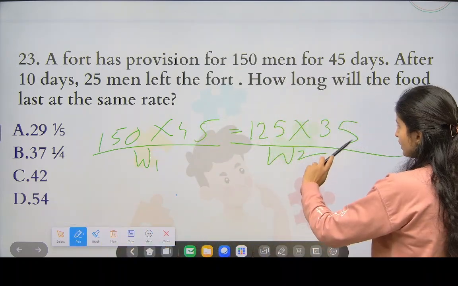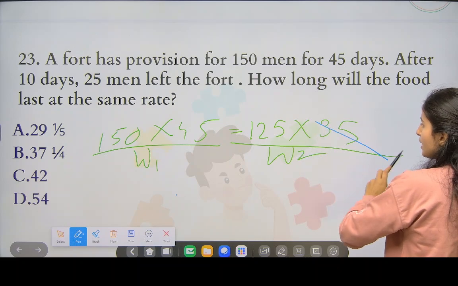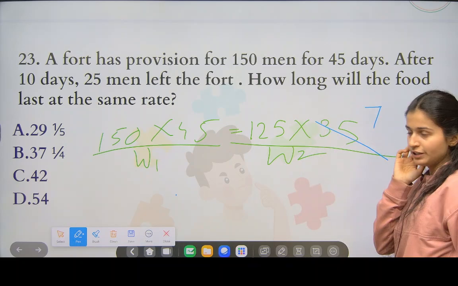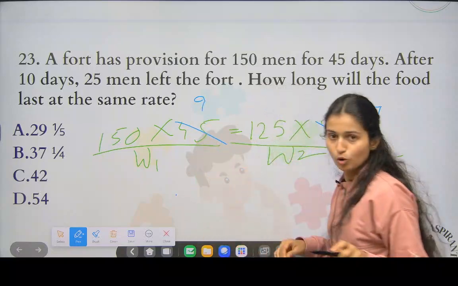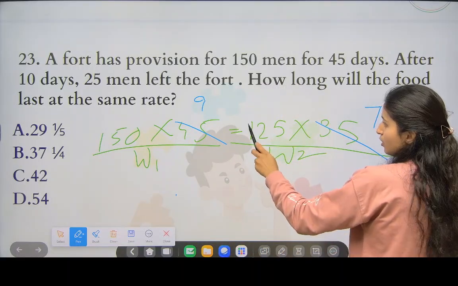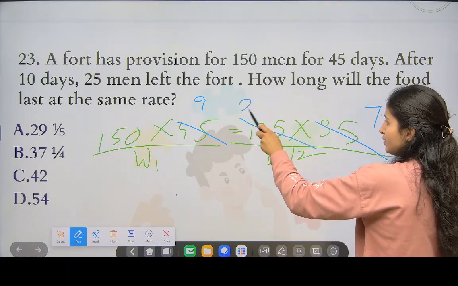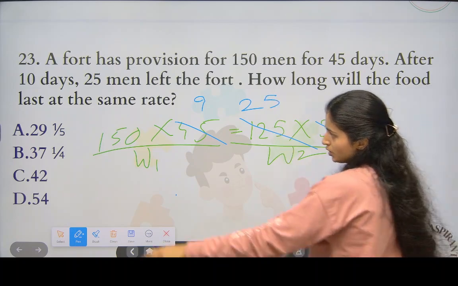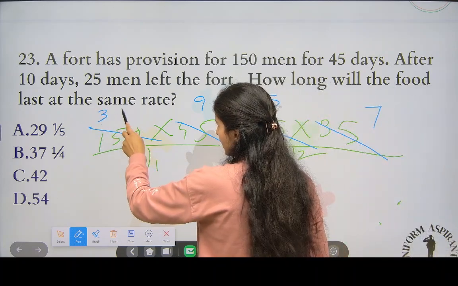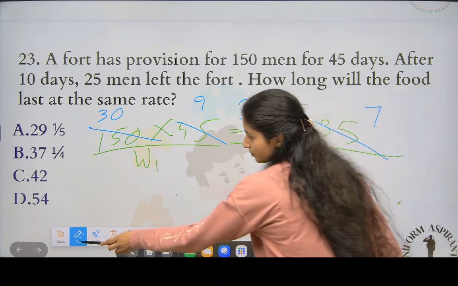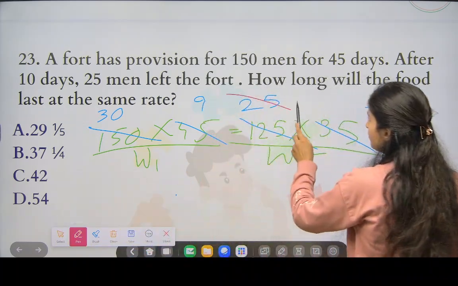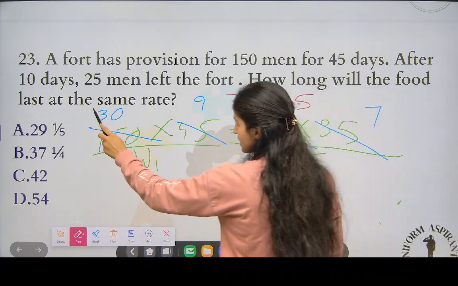Okay, now we have to solve it and get how much food will be remaining. See now, 5 7s are 35, 5 9s are 45. 5 2s are 10, 5 5s are 25, 5 3s are 15 and 0. Now see here, 5 5s are 25 and 5 6s are 30.